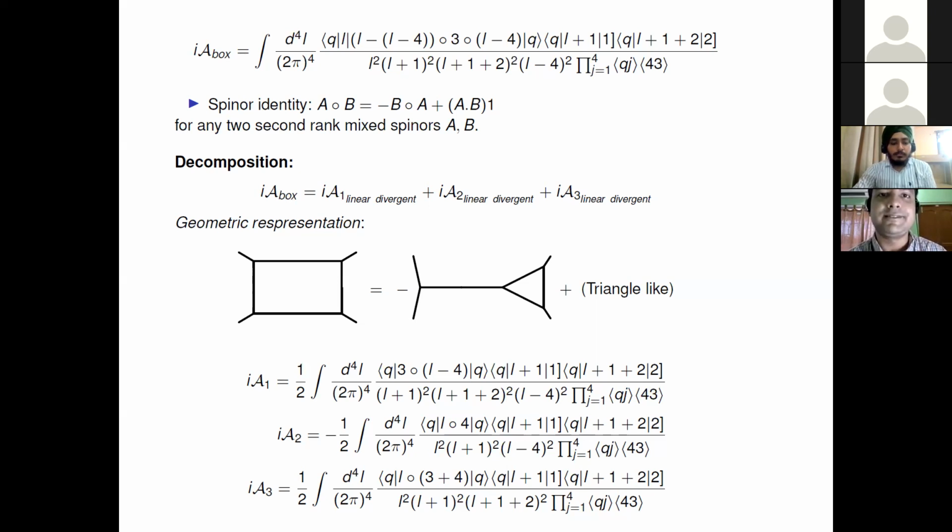But in our case, we are just concentrating on massless particles because we are just using pure Yang-Mills, pure self-dual Yang-Mills. We are not coupling to matter. But when we couple to matter, one can use the method of generalized unitarity. So that is one thing that is there.